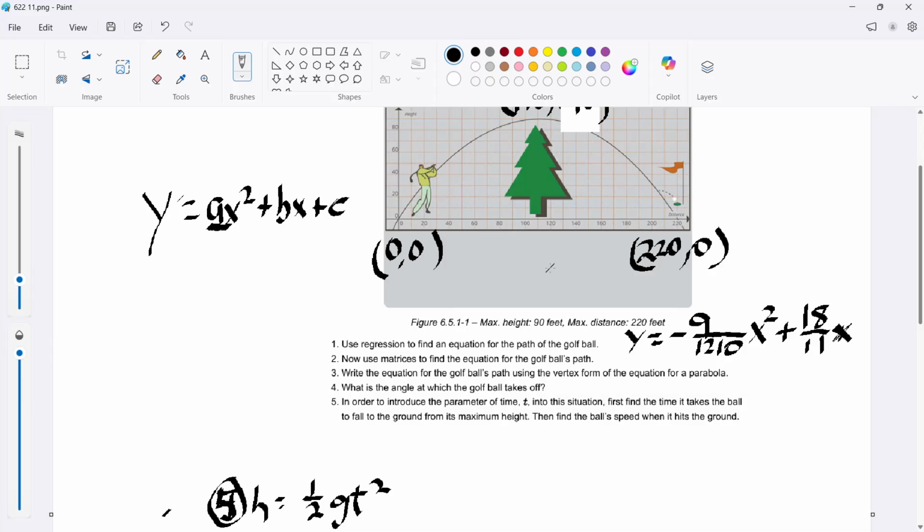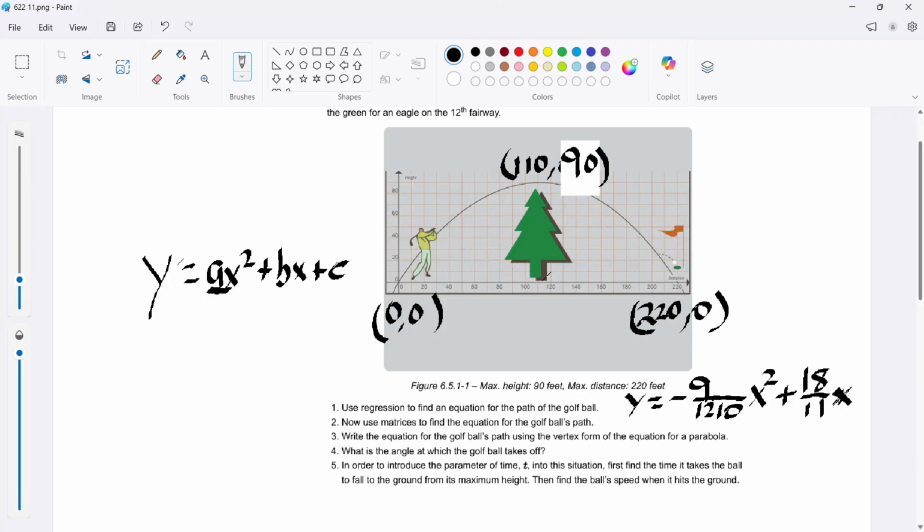Now I have to find matrices. It says use matrices to find the equation. So I'm going to plug in these values into this equation. 0, 0 does nothing except to find that c equals 0. Okay, I can plug in 110, 90. So 90 equals a times 110 squared plus b times 110.